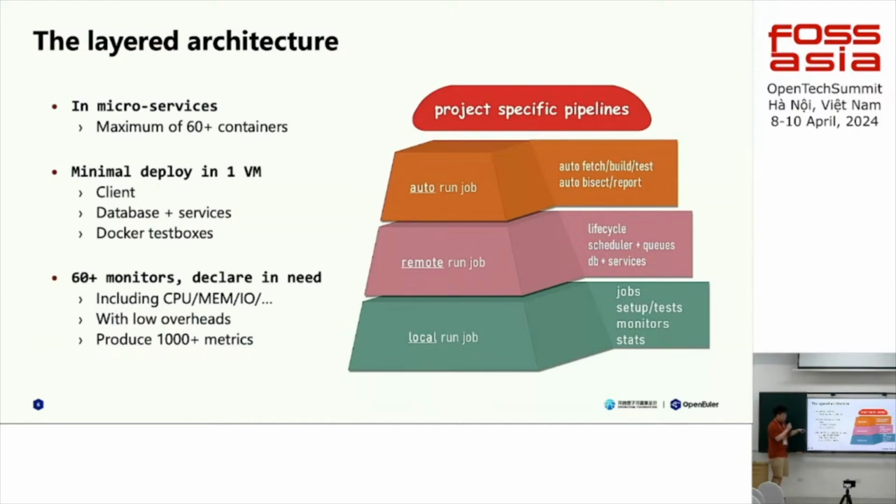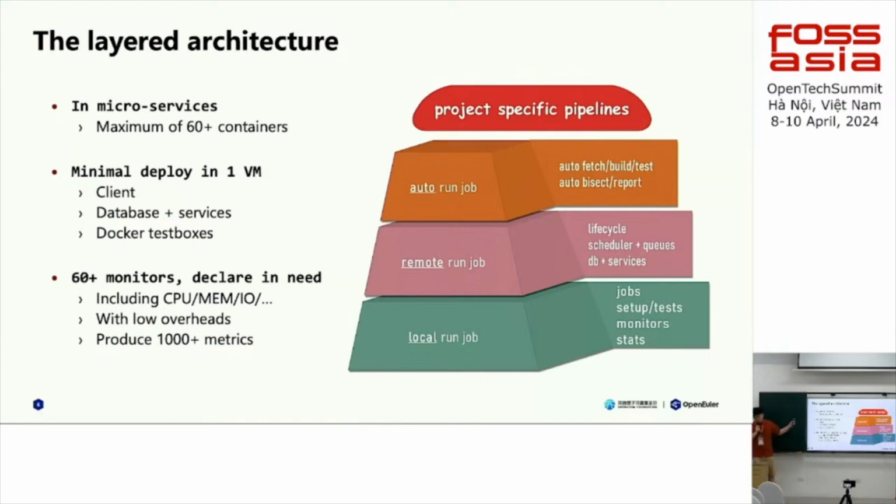The local run job layer will happen in each test box you borrow. And the middle layer is the remote run job layer, and it is about some services running in the remote manager node, like some life cycles, the main scheduler, all the queues, all the database, and other services.